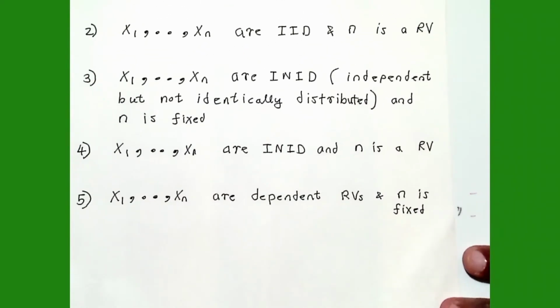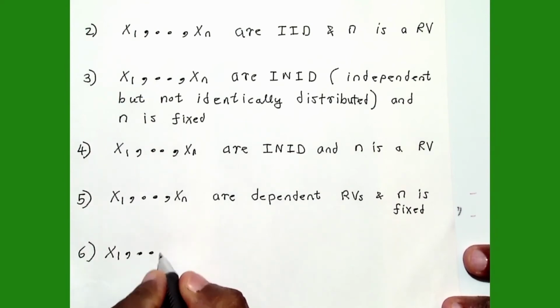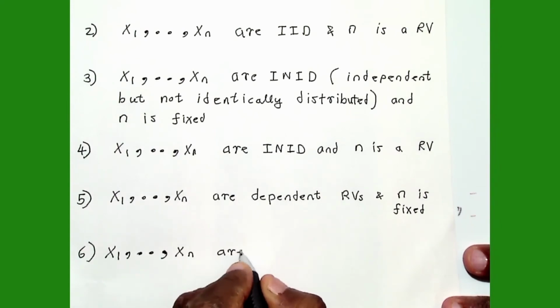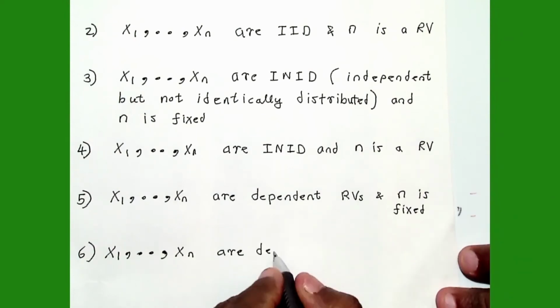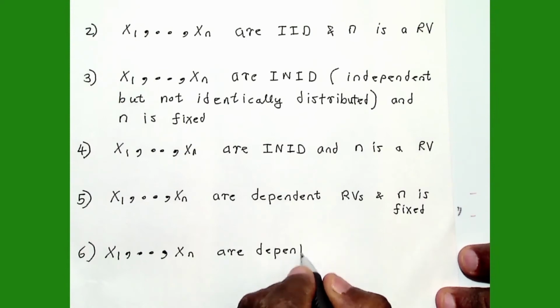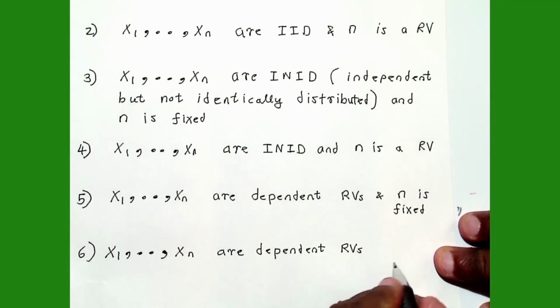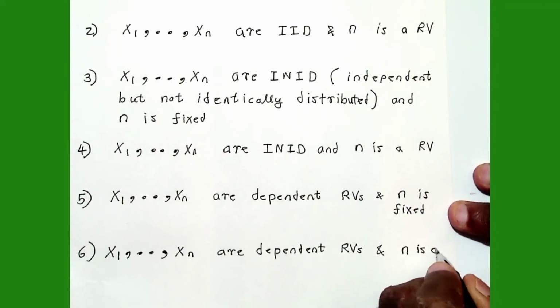And finally, case number 6 is dependent random variables, and N is a random variable.